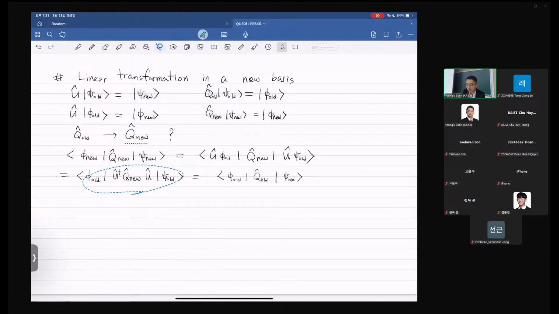Same, and then this one is this. We found the Q new and Q old relationship. So Q old is U. That's how you get a new representation for an operator.